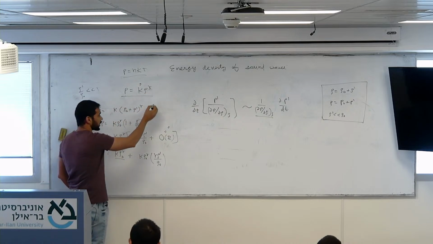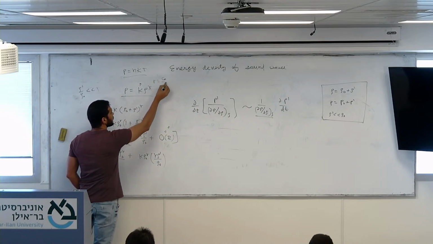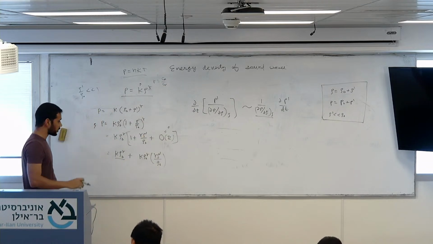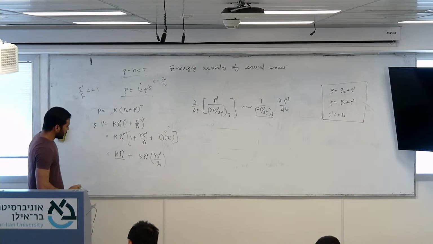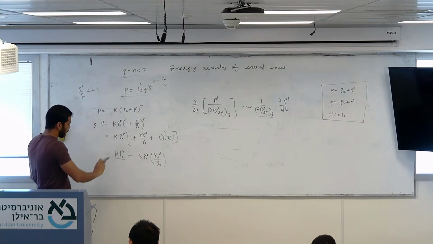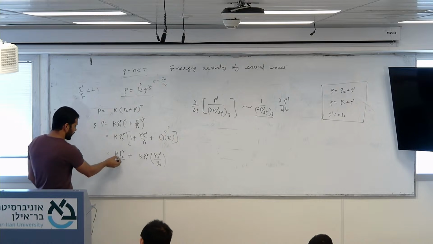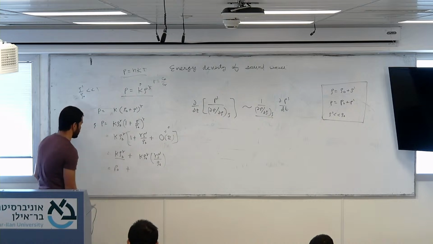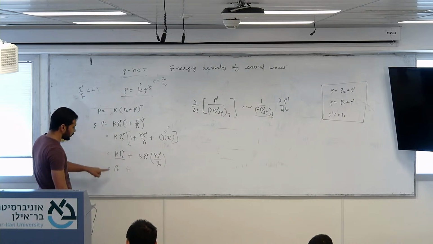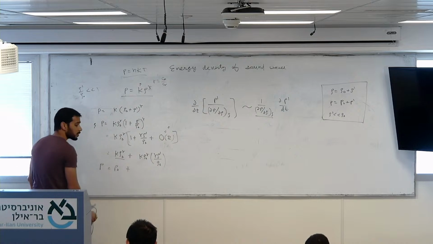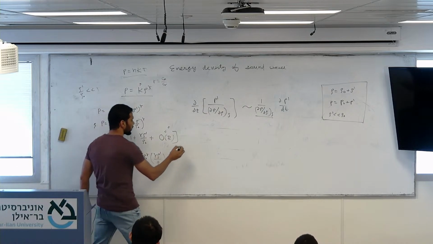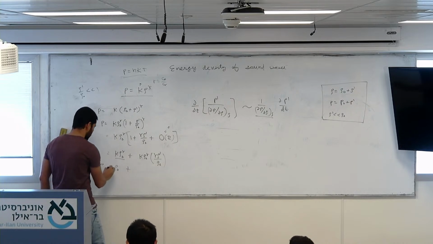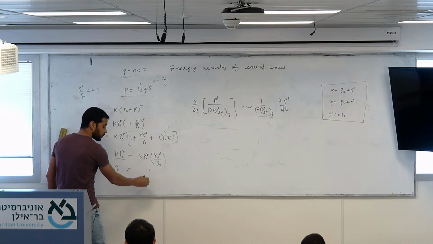Gamma is the adiabatic index, Cp by Cv, the ratio of specific heats at constant pressure and constant volume, which is constant. So this is P0. P is equal to P0 plus this term, which means if I take P0 to this side, P minus P0 equals this term.